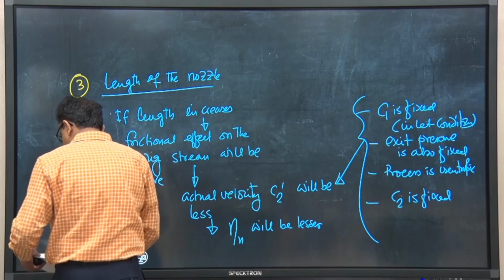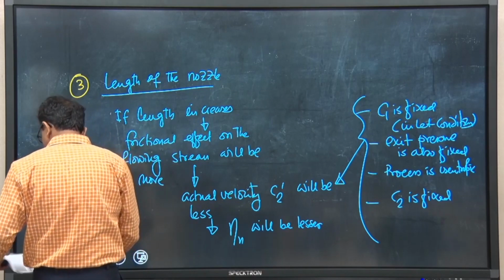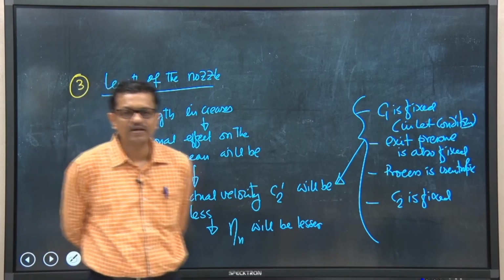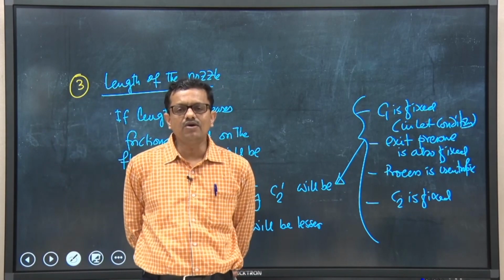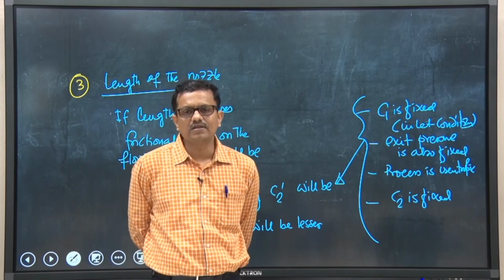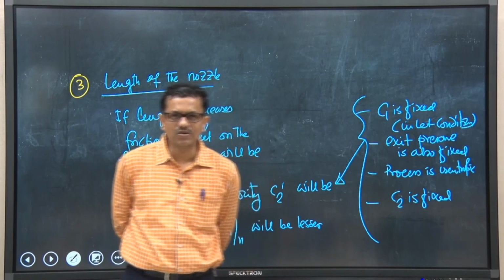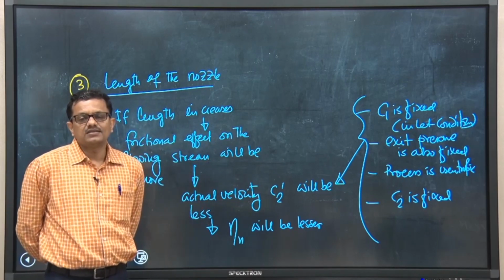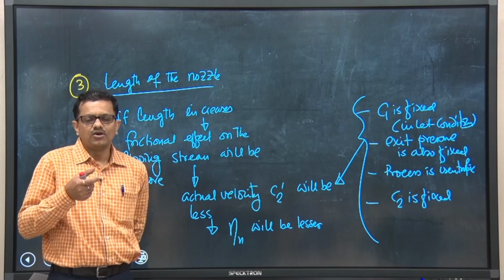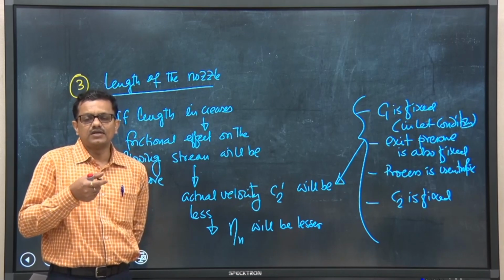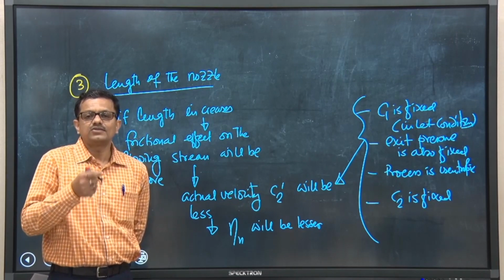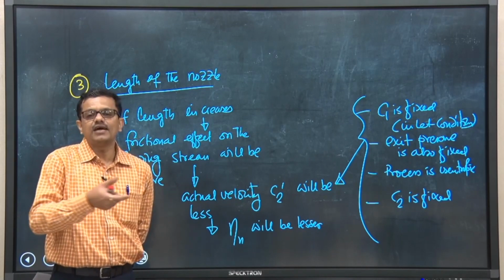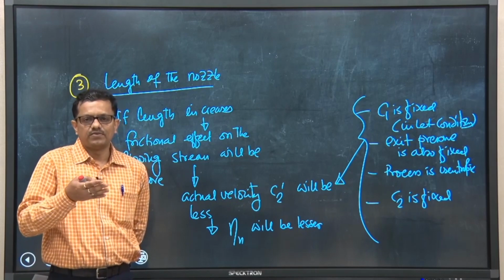So with this, we have discussed the factors, we have identified several factors that directly or indirectly affect the nozzle efficiency. What have we understood? Most importantly, it is the frictional effect which is very important to look at while designing the flow nozzle, because it directly affects the heat drop.